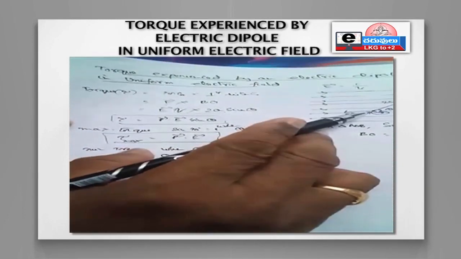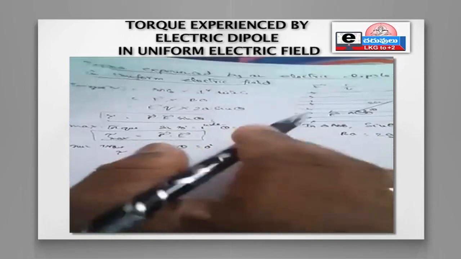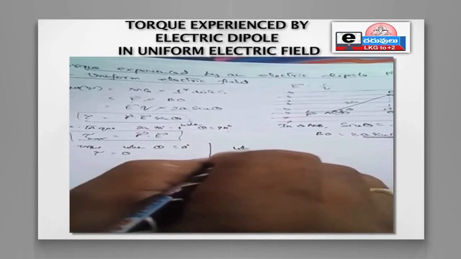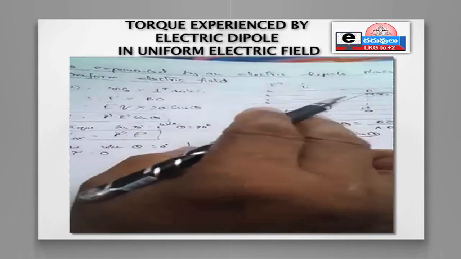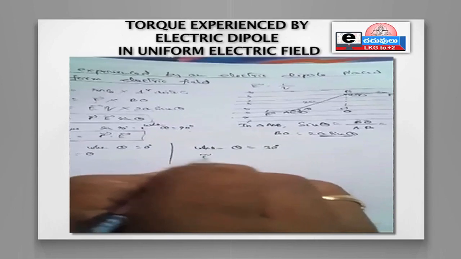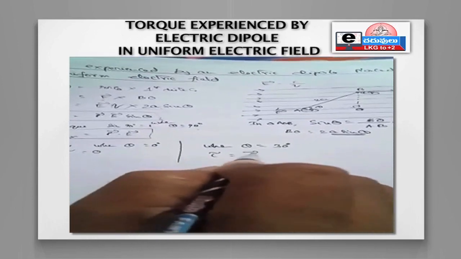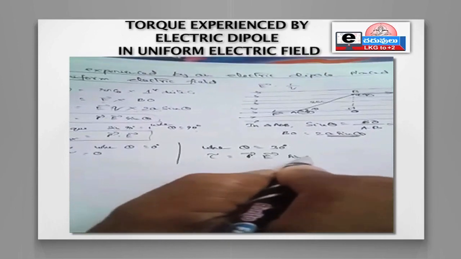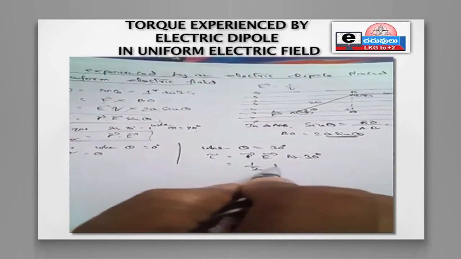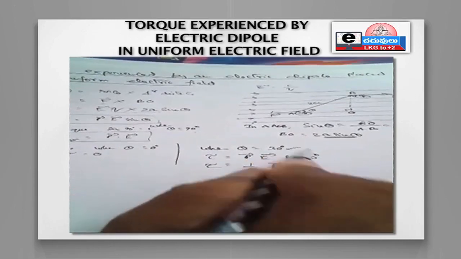Sometimes they ask a question: when will it become half of the maximum value? Half you are going to get when the angle between the dipole and the electric field is 30 degrees. Now substitute here tau is equal to P E sin 30. Sin 30 we have studied in the lower classes is half. Therefore, half of the maximum you are going to get when the angle is 30.